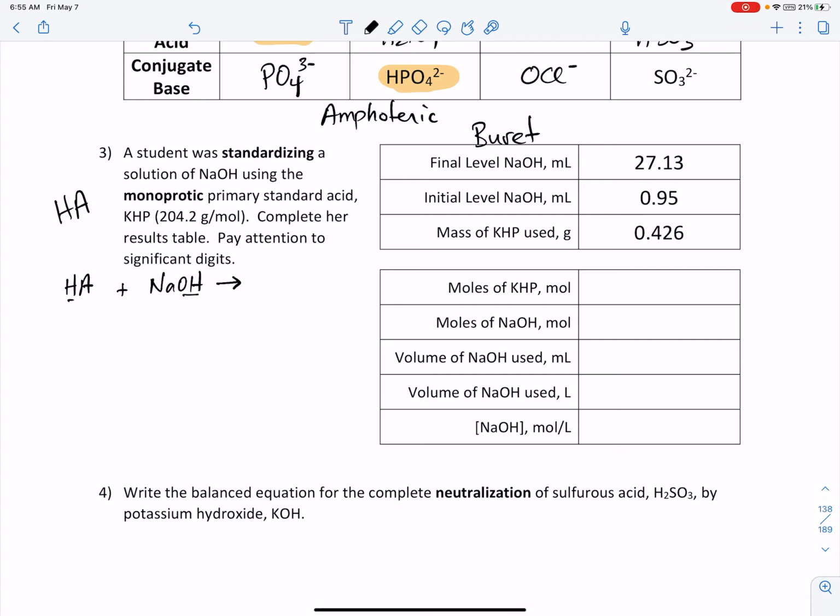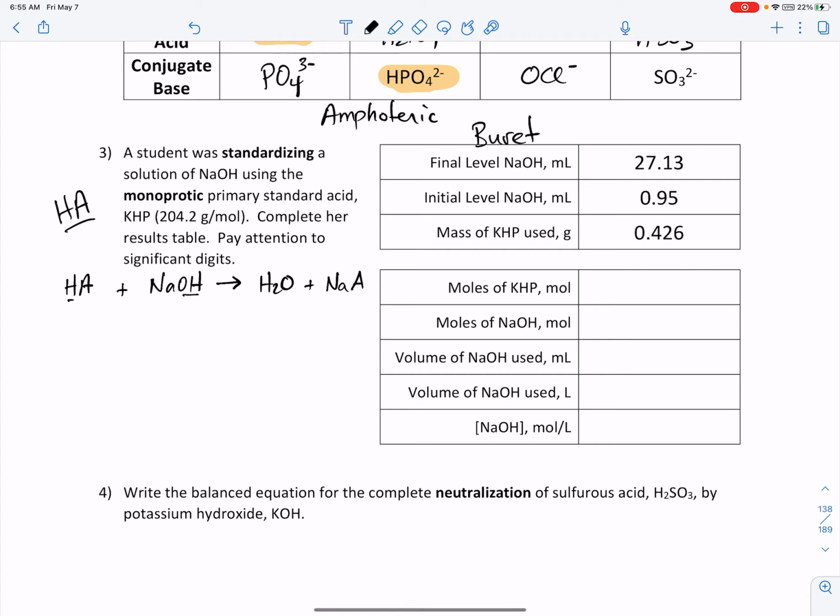Here there's one of each, so we're good to go. If they weren't equal, we'd put a number in front of one of them, a coefficient, to make the H's and OH's equal. In this case, the H and the OH combine and give me water. And then we're left with some type of salt, and the salt here, we'll just call it sodium A.